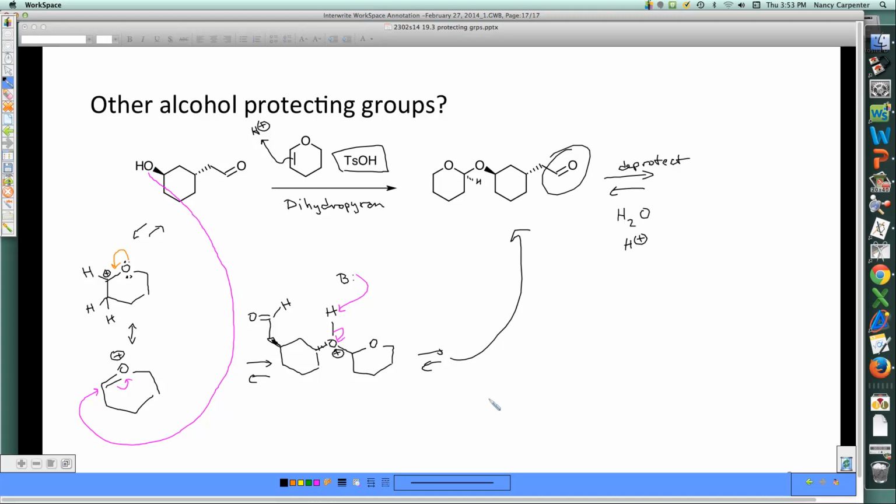Of course, that would be done after you've done whatever chemistry it is you want to do on the aldehyde. Probably something like adding a Grignard reagent followed by workup to give you this guy. Which of course you couldn't do in the presence of another alcohol.